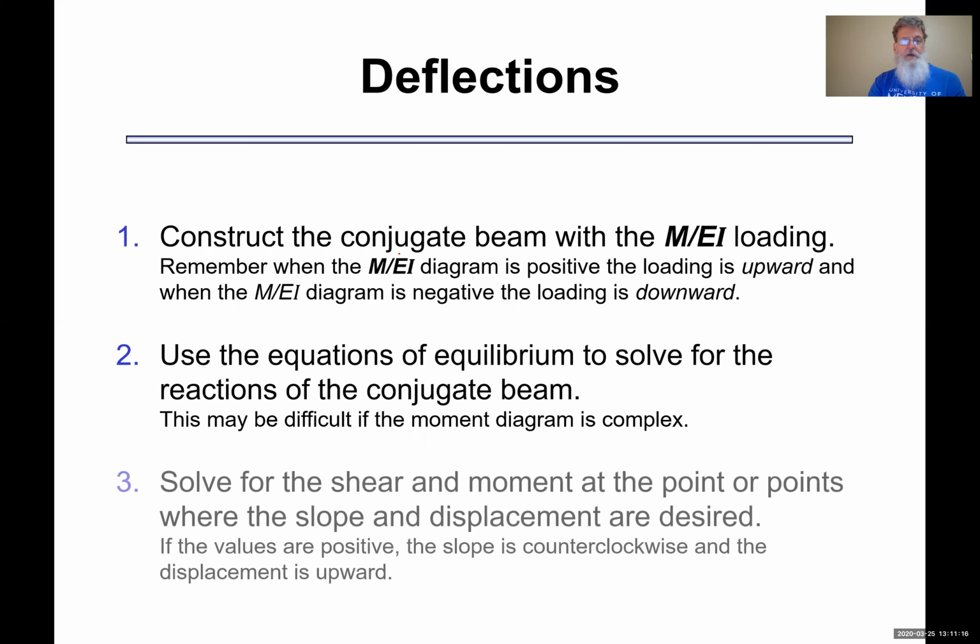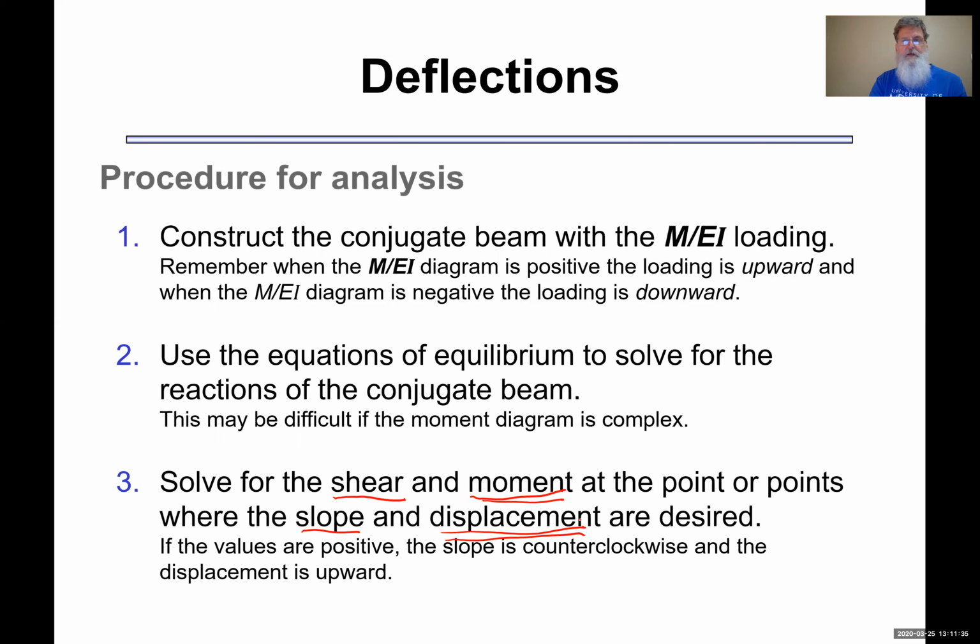And then we can find internal values of shear and moment at any point we want. And remember, those map back, so shear maps to slope and moment maps to displacement. Oh, I got that out of whack, but you get the idea.